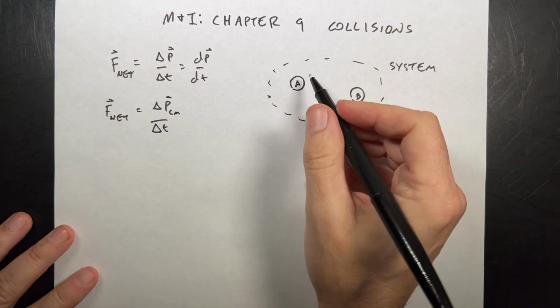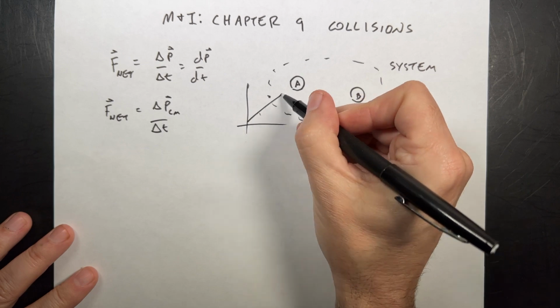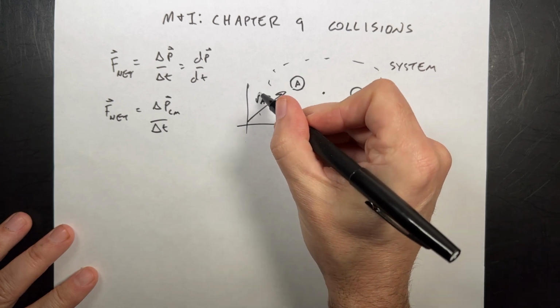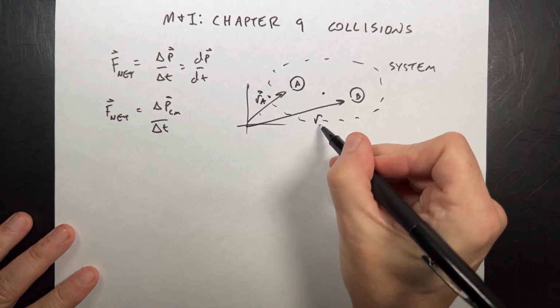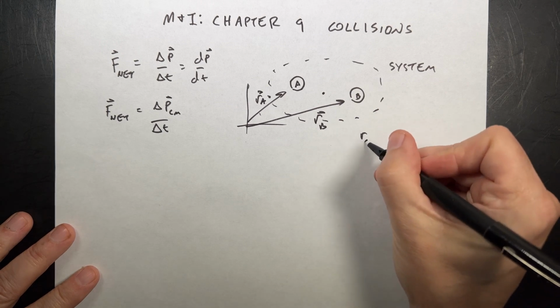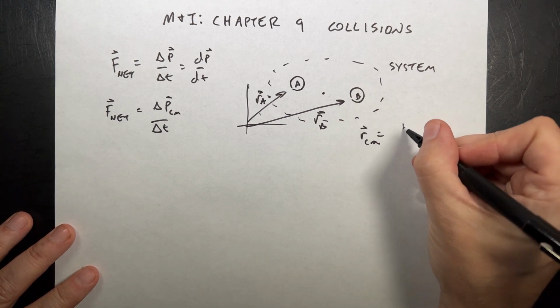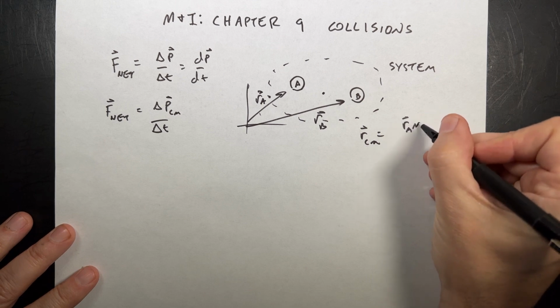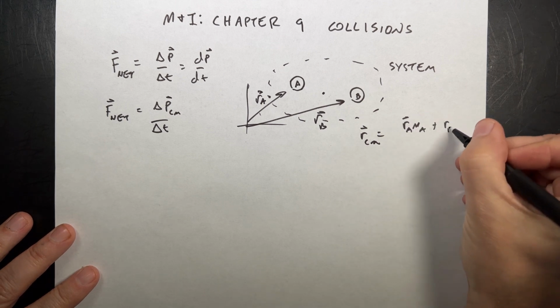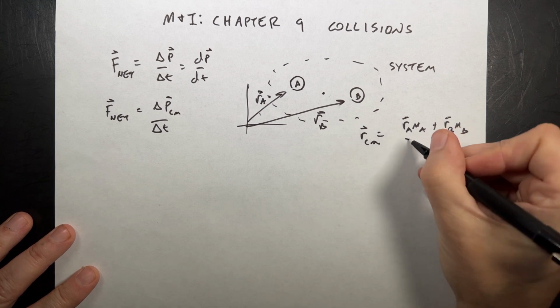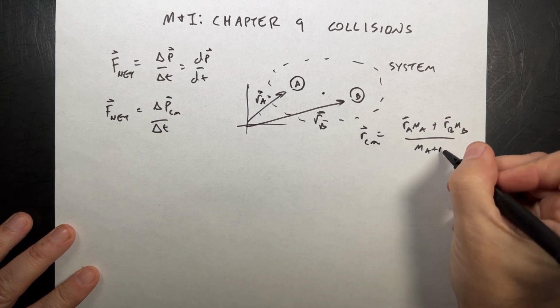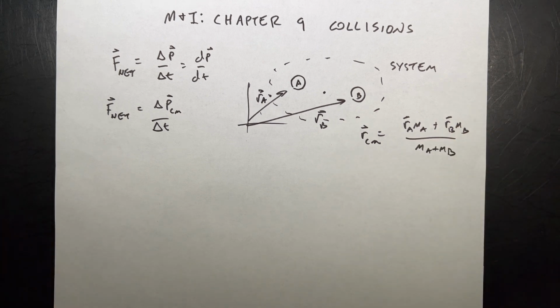Remember, if we calculate the center of mass, I need some coordinate system. So I could have r_A, I could have r_B, and then the center of mass, r_cm, would be equal to, with just these two, (r_A m_A plus r_B m_B) over (m_A plus m_B). And you can do that for as many objects as you want.